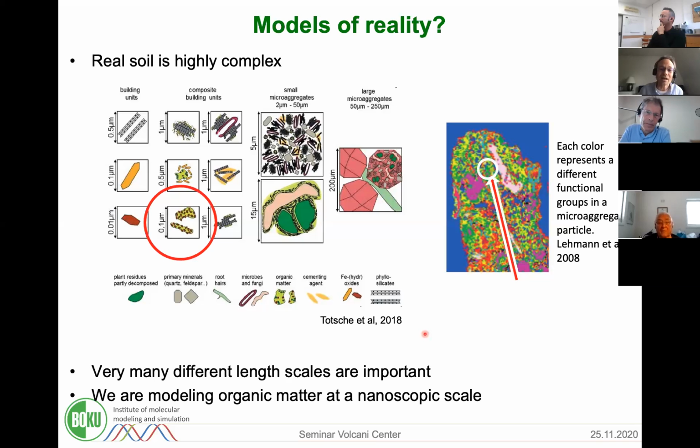But we think this is the level where relevant processes take place. Absorption processes in the end are molecular processes, things going into samples and onto surfaces. Here we're looking mostly at the organic matter, at a nanoscopic scale. I don't want to claim that we're modeling soil. We're modeling tiny, tiny samples of organic matter.